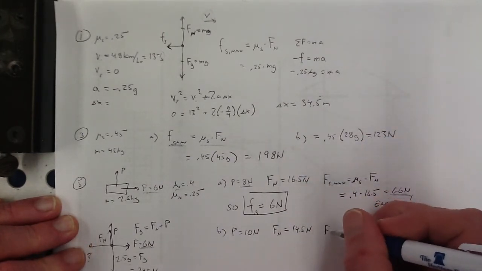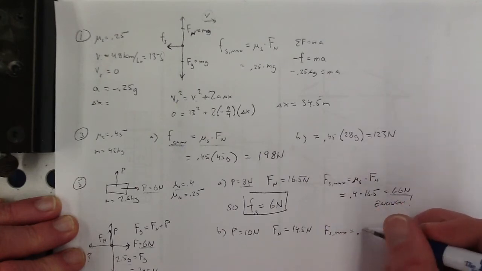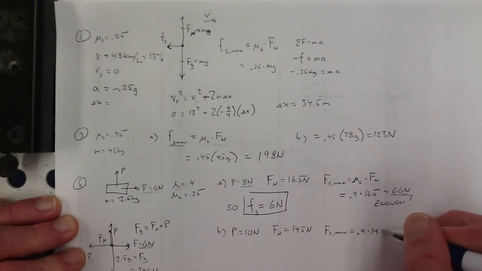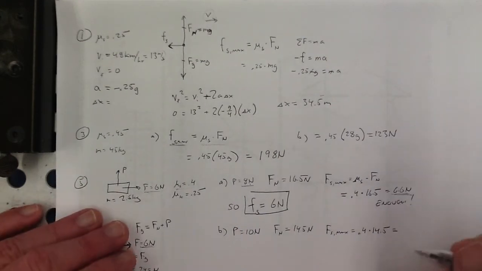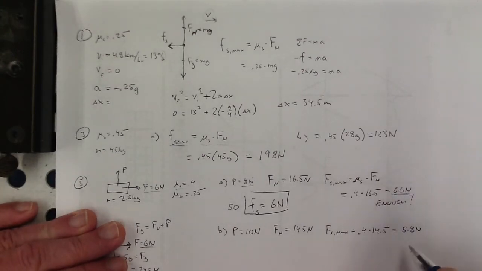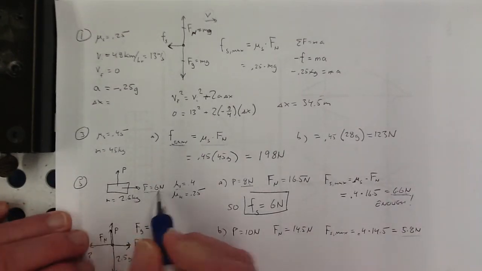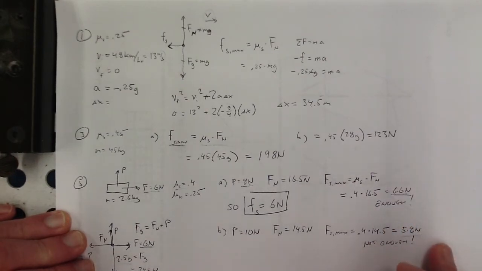And that means my maximum static friction force would be 0.4 times 14.5, 5.8. Is that enough to balance this? No, not enough. And that means that it's not going to be a static friction situation. It's going to be kinetic.